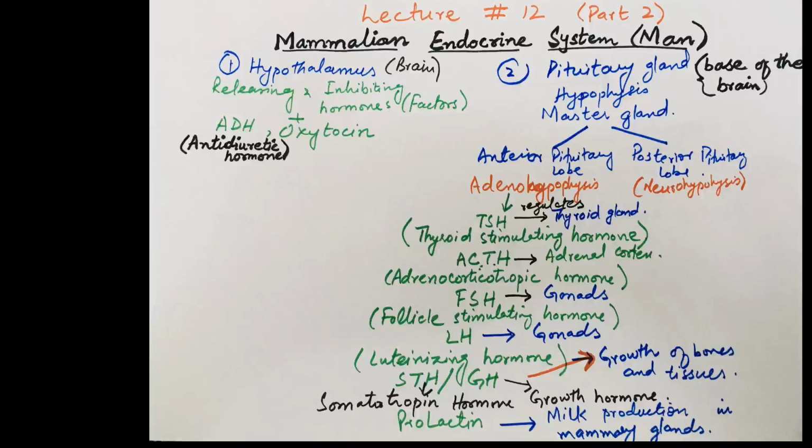What is the function of TSH? It regulates the function of our thyroid gland. As its name shows, it is thyroid stimulating hormone, so it regulates the thyroid gland. Then the next hormone that is secreted from the anterior lobe of the pituitary is ACTH.